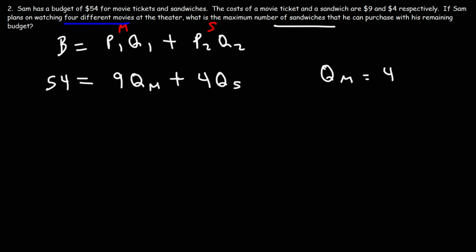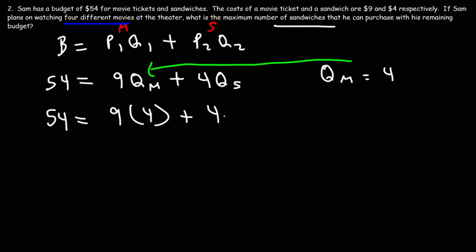So what we need to do is plug this into the equation and solve for Q sub S. Replace Q sub M with 4. Let's solve for Q sub S. Because this is the variable you want to solve for, you can replace it with an x, for those of you who like algebra. 9 times 4 is 36.